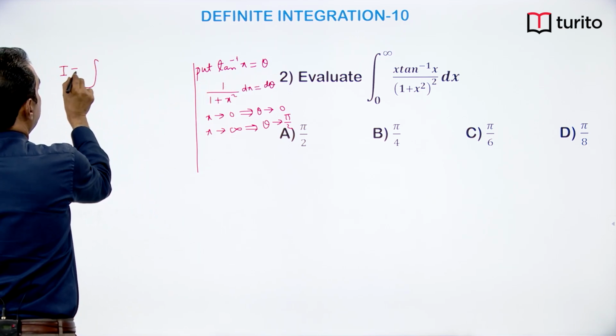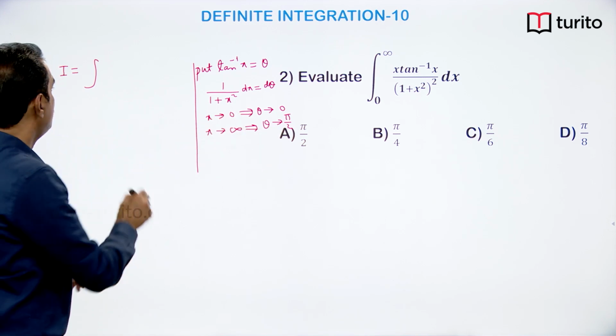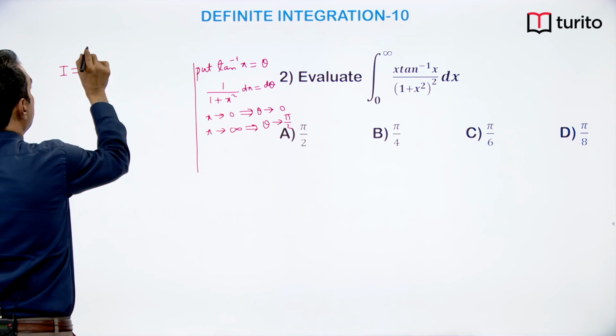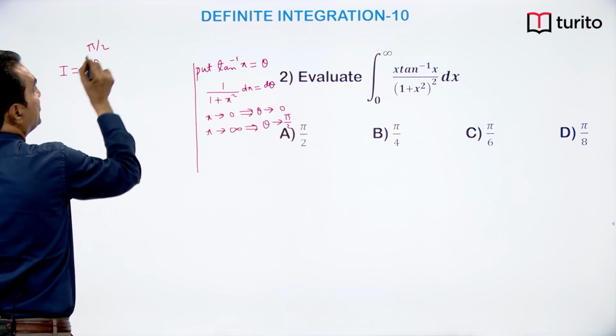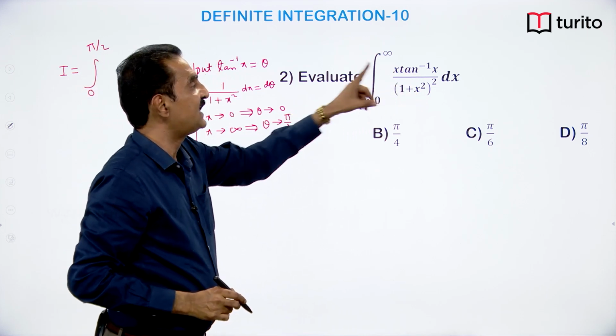So, after getting the new limits, let us calculate the integral. The given integral is I. I is equal to, new limits are 0 to pi by 2, x tan inverse x. Tan inverse x is theta, x is tan theta.